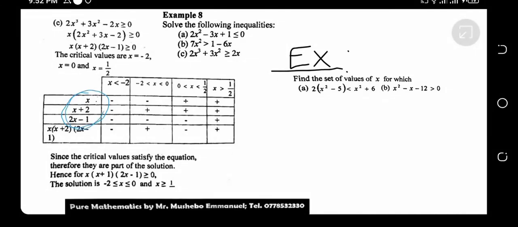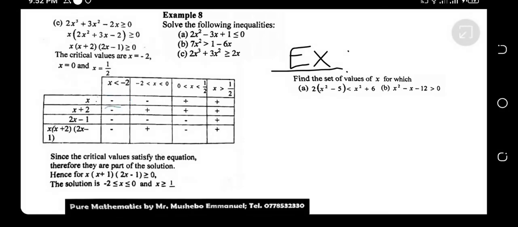So the first factor is x, the second factor, remember we are getting them from here, is x plus 2, and then the last one is 2x minus 1. So we come to this region here, we pick an x value, for example -3, which is less than -2. So x is -3, and here it will be negative.